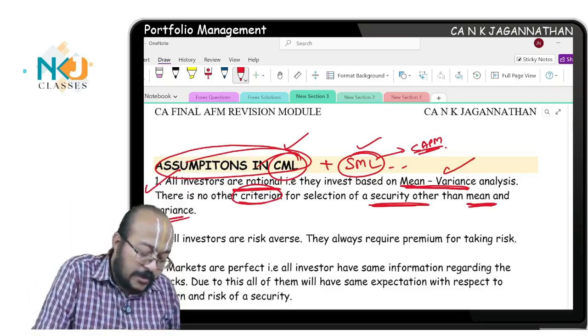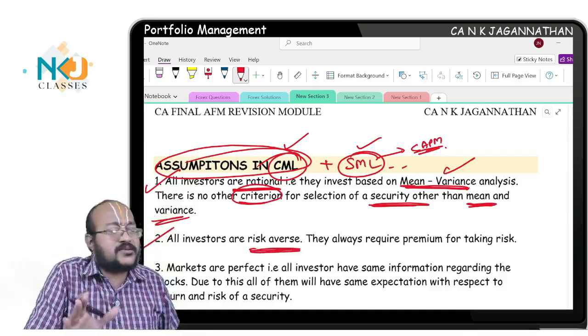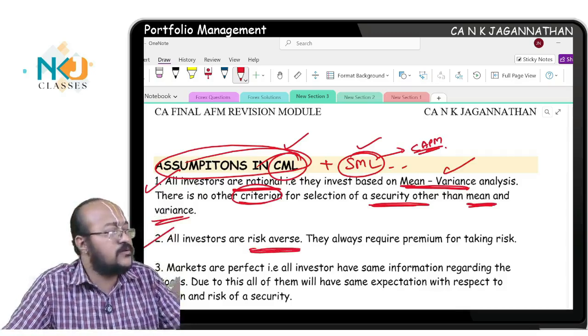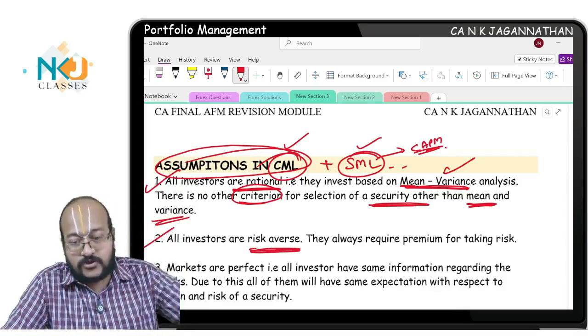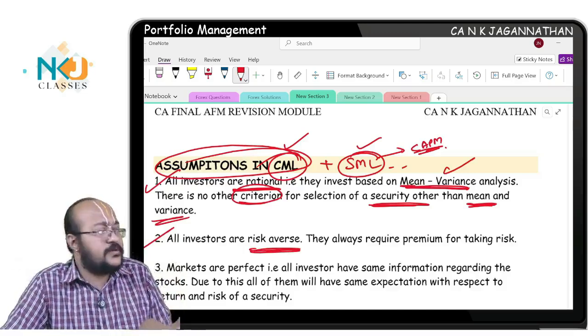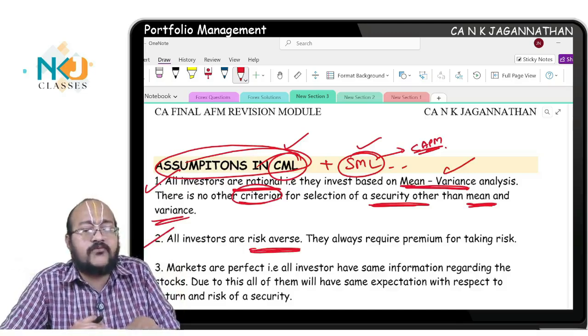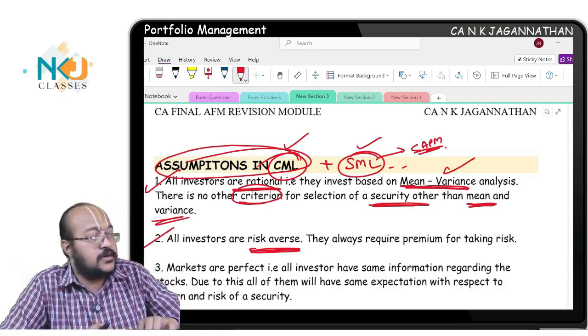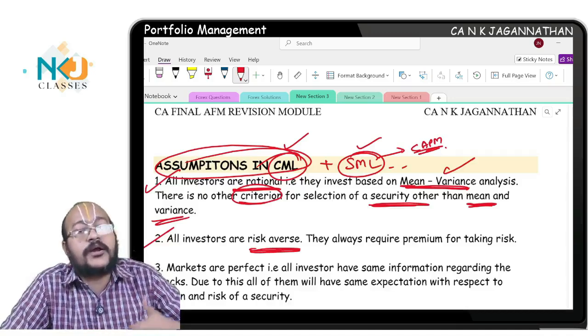Next, all investors are risk averse. As I told you, there are three types of investors: risk neutral, risk averse, and risk lovers or risk takers. A risk averse person will not be willing to take risk, except in one case, when you compensate through adequate, higher return.